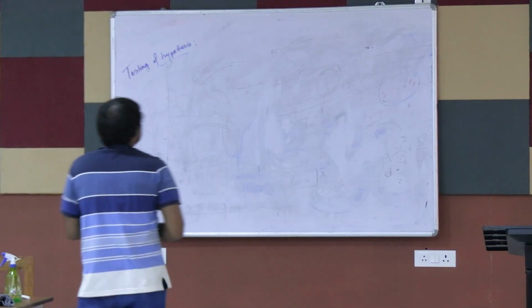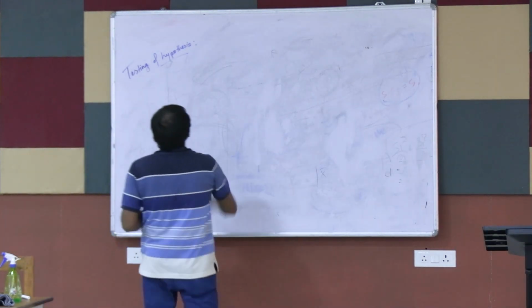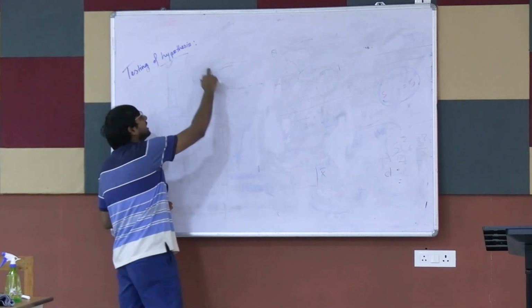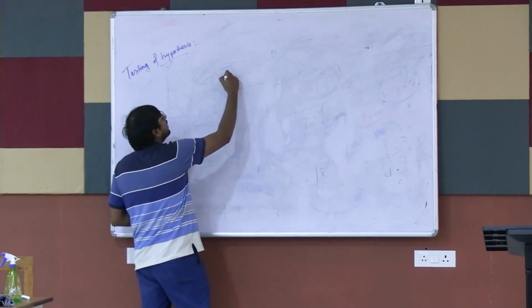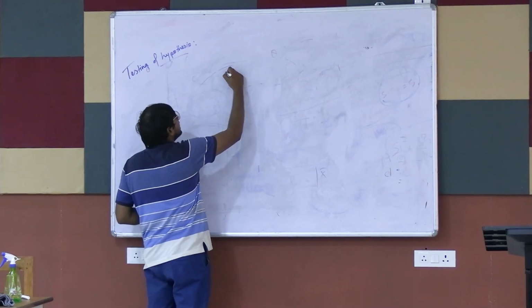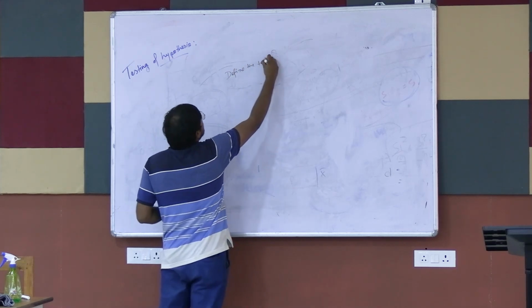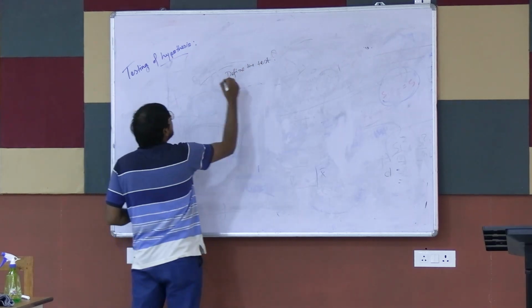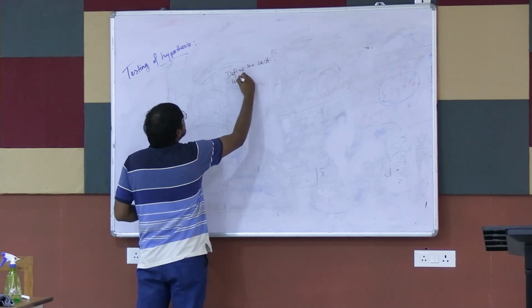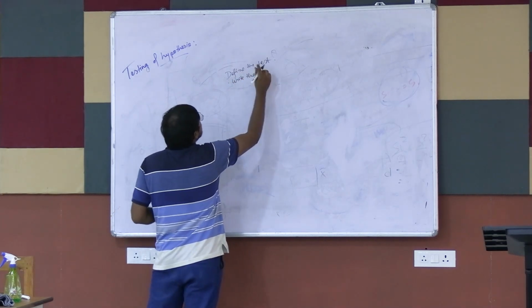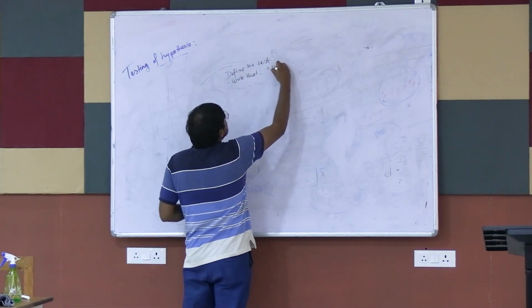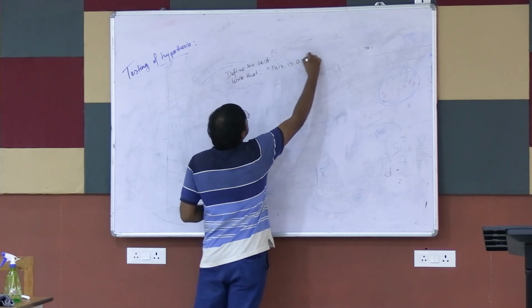Another bonus point: your marks wouldn't be deducted for this, but if you write it, it would create a better impression. What is that? After writing the test, when we are defining the test, write that this is a two-tailed test.